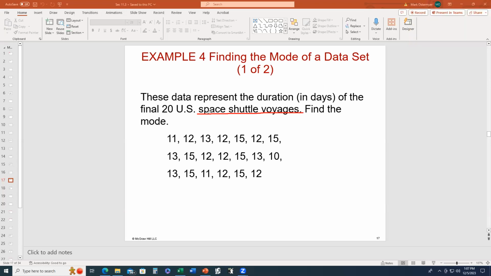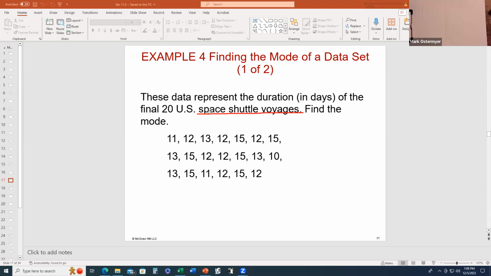15. 15 occurs how many times? 1, 2, 3, 4, 5, 6 times. 12 occurs with what frequency? 1, 2, 3, 4, 5, 6, 7. I think 12 occurs 7 times.